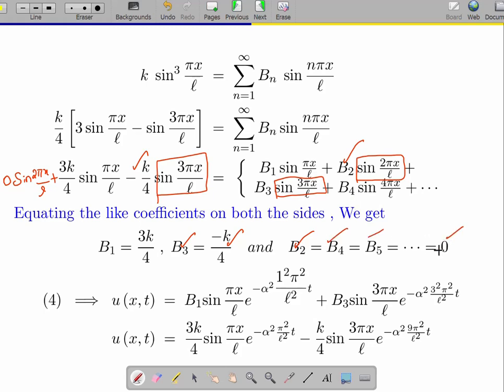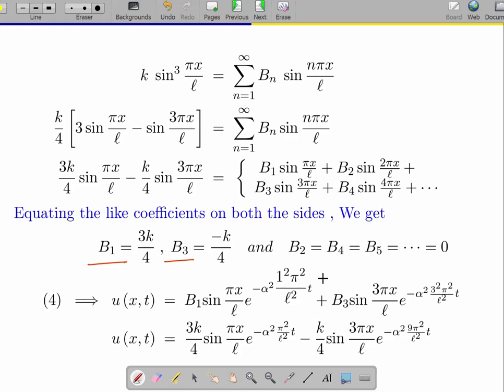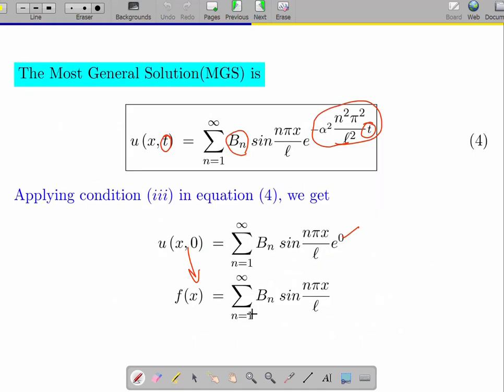The remaining terms are 0. So in that most general solution, we replace Bn. Only B1 and B3 are non-zero. The remaining B's are 0. So in the most general solution, n is equal to 1, so B1 is non-zero. n is equal to 2, so B2 is 0. n is equal to 3, so B3 is non-zero. n is equal to 4, so B4, B5 and the remaining terms tend to 0.